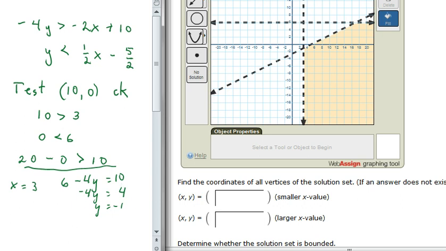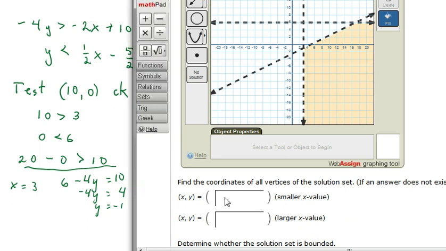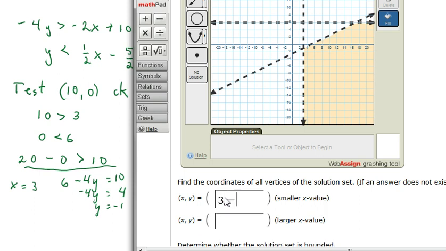So the vertex with the smaller x value is the ordered pair 3, negative 1. The vertex with the larger x value is when y equals 6.